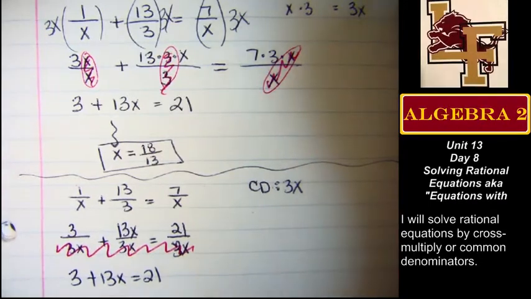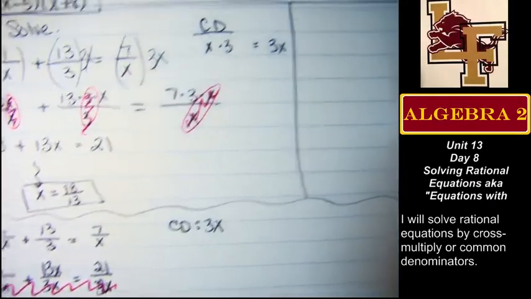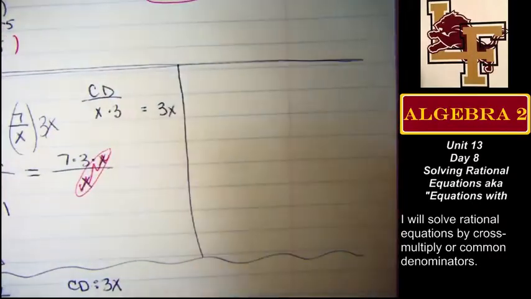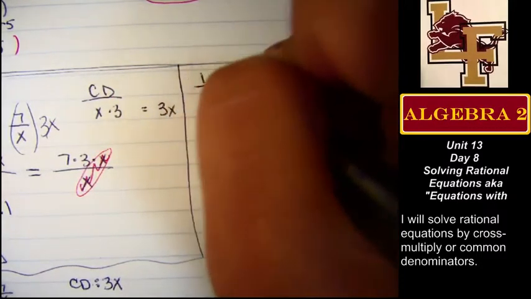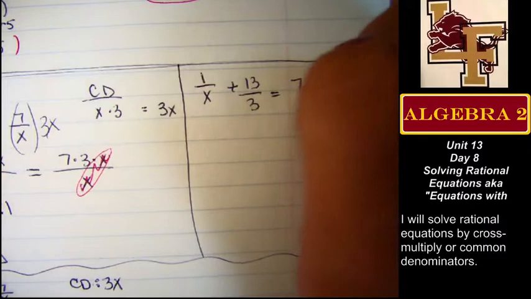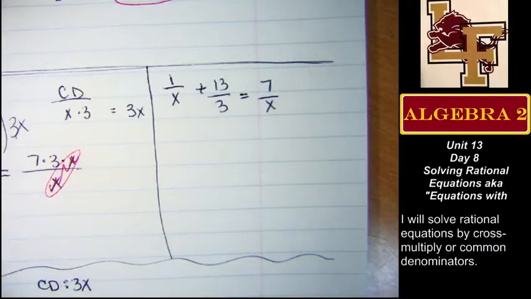All right, let's show you the third one. Rework it so that it is fraction equals fraction. And again, I'm going to grab the same example so that you can see what it looks like. All right, now we're going to use technique number 3. We're going to rework it so we have one fraction equals one fraction.